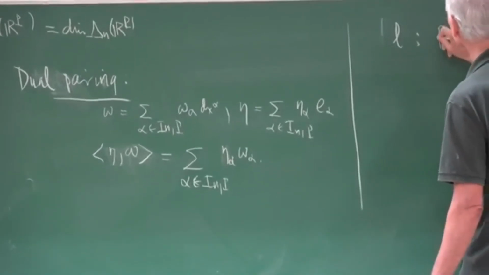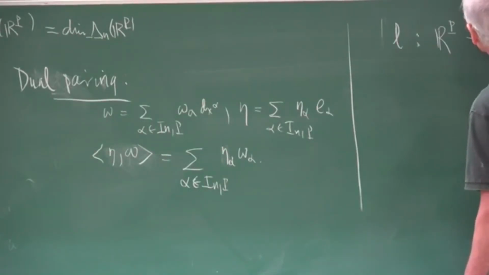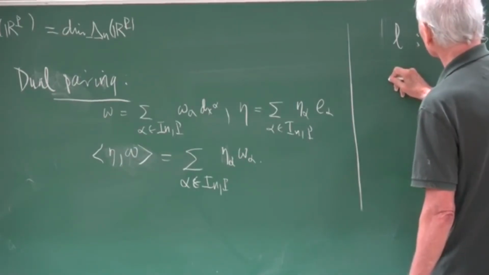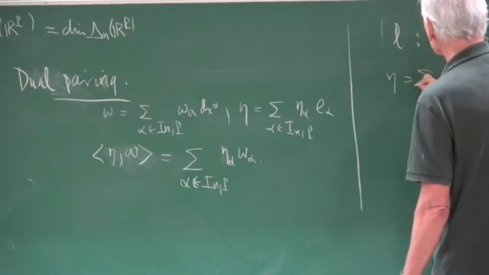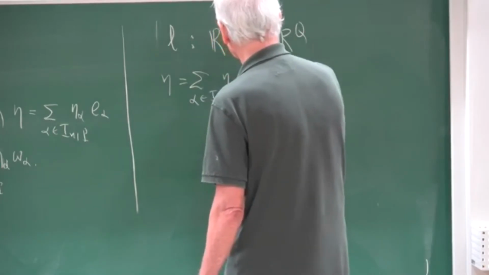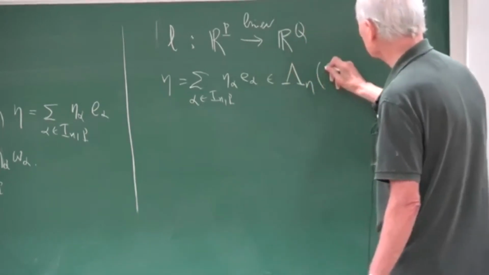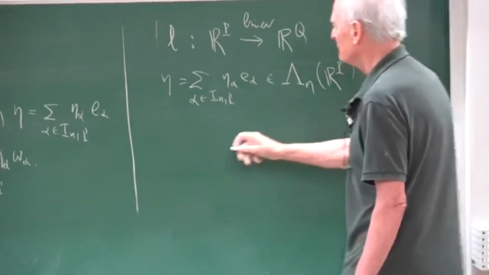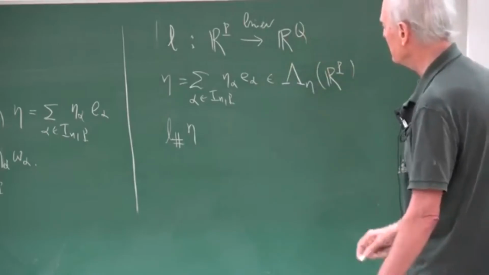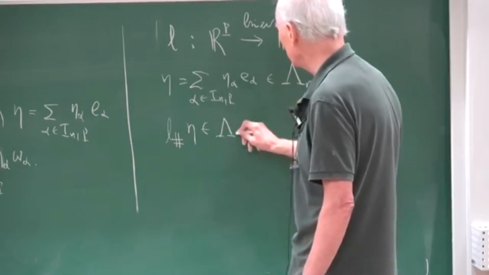Then you take an eta, sum over alpha in INP of eta alpha E alpha. This is in lambda sub n RP. Then I want to say what this is, the push forward of eta. That's supposed to be one of the n vectors in RQ.